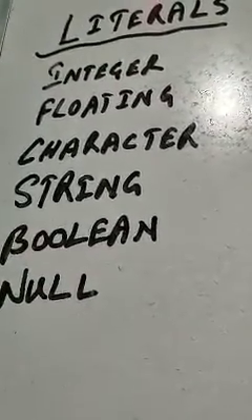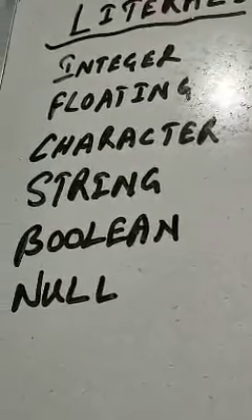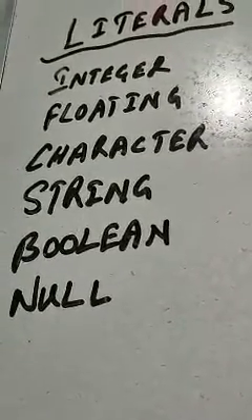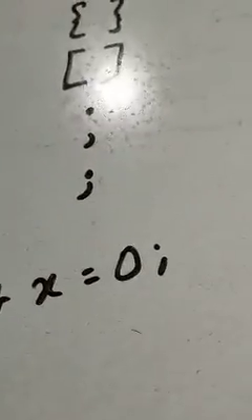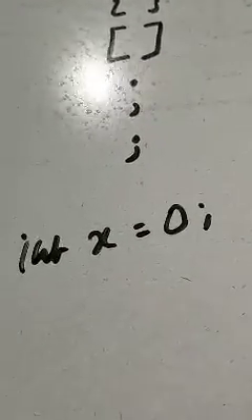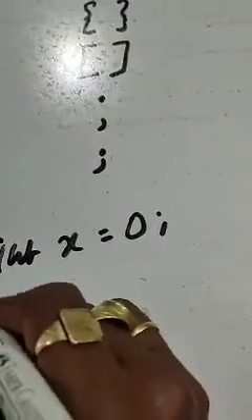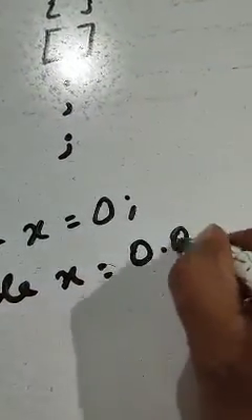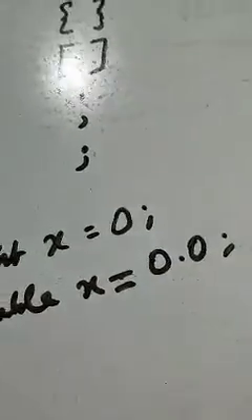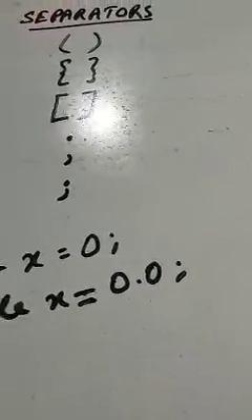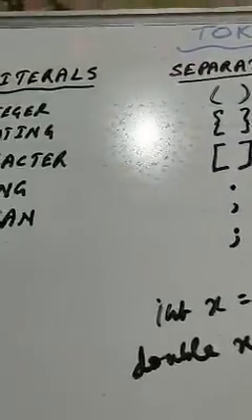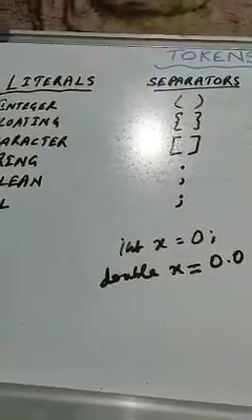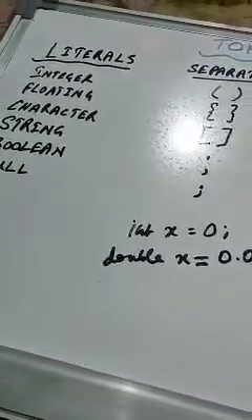Let us see the initial value of an integer. If I write int x equals 0, then 0 is the initial value of an integer variable. Similarly, for a floating literal it is 0.0. When you assign the initial value, you should always write 0.0 for a floating literal.